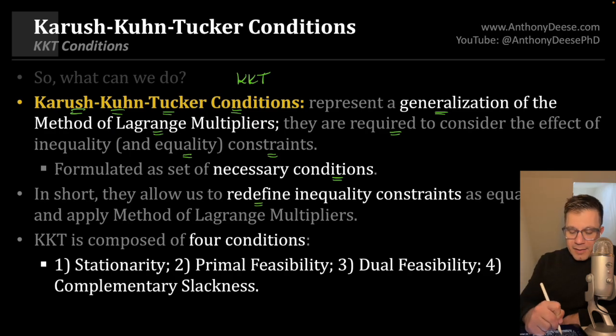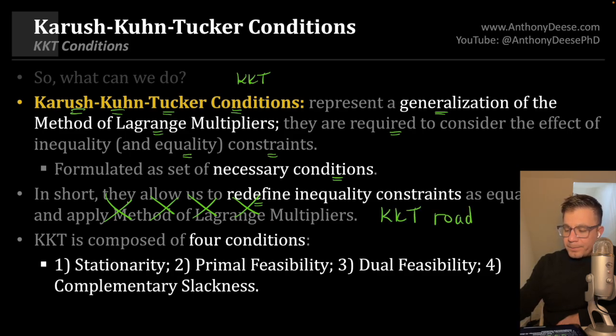I'm actually going to X out this statement here because I don't like the wording, and simply state that the KKT conditions provide us a roadmap, okay, or a loosely defined method for solving this type of inequality constrained problem, and we have an example that we're going to use to exemplify this.